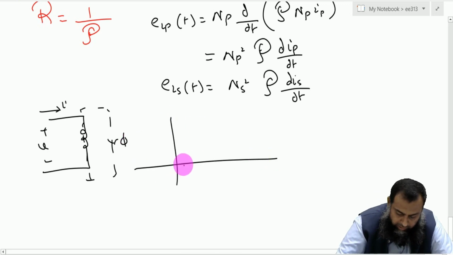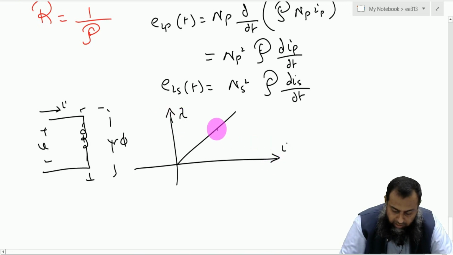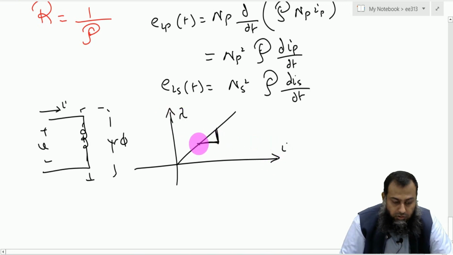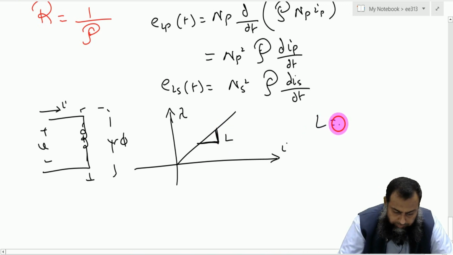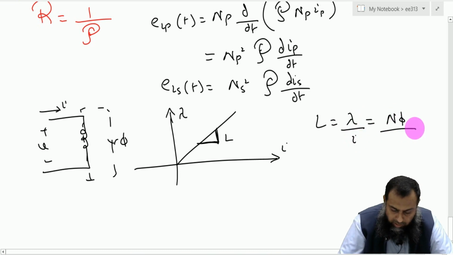So in a linear inductance, the flux linkage lambda and the current I have a constant permeability, and therefore this is known as the inductance L. So L is equal to lambda over I, which is equal to N phi over I, which is equal to N square over R, the reluctance, or equal to N square into the permeance.